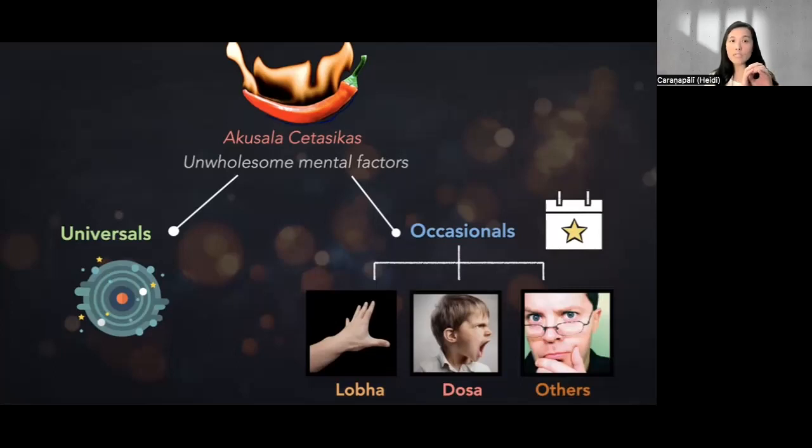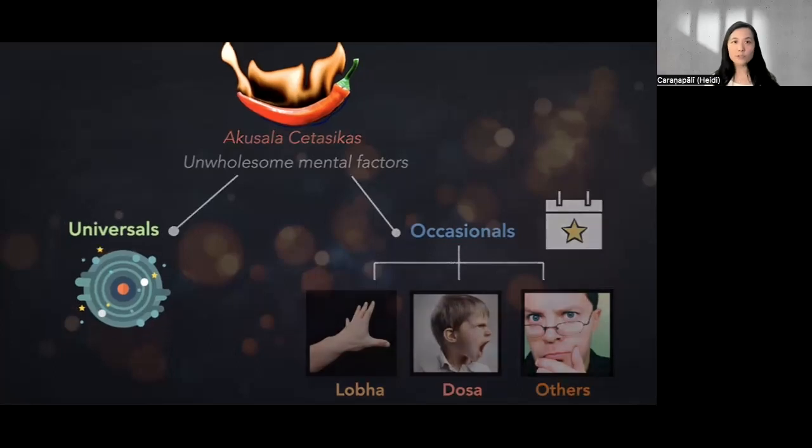And if it is also an Akusala citta, then it must also associate with all the universals of the Akusala, and depending on the group, sometimes with Lobha, sometimes with dosa, or sometimes with the others. Now we will see what the others mean. Let's take a look at the universal ones first.